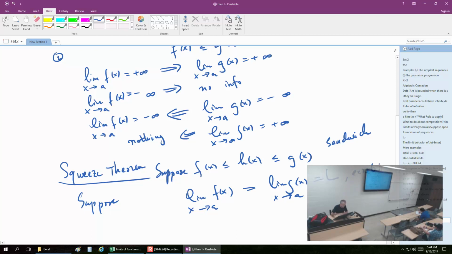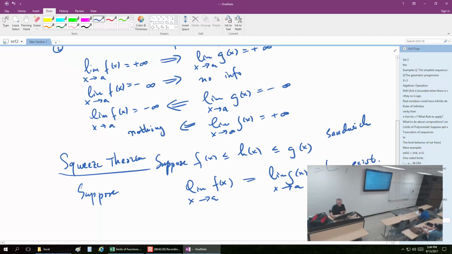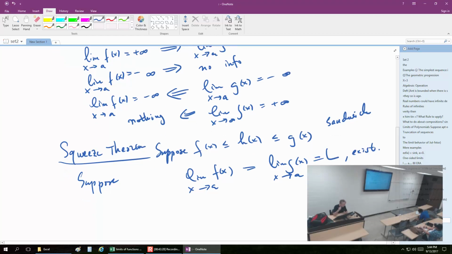Then not only do both of them exist, but they are equal to each other. Once again, remember the sandwich is taken to wherever the bounds go. If they go to the same place, then whatever is inside the sandwich also goes to that place. That's a crucial part of the information.